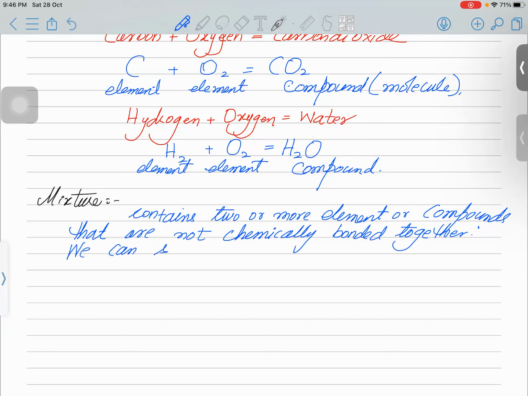We can separate the substances in a mixture.